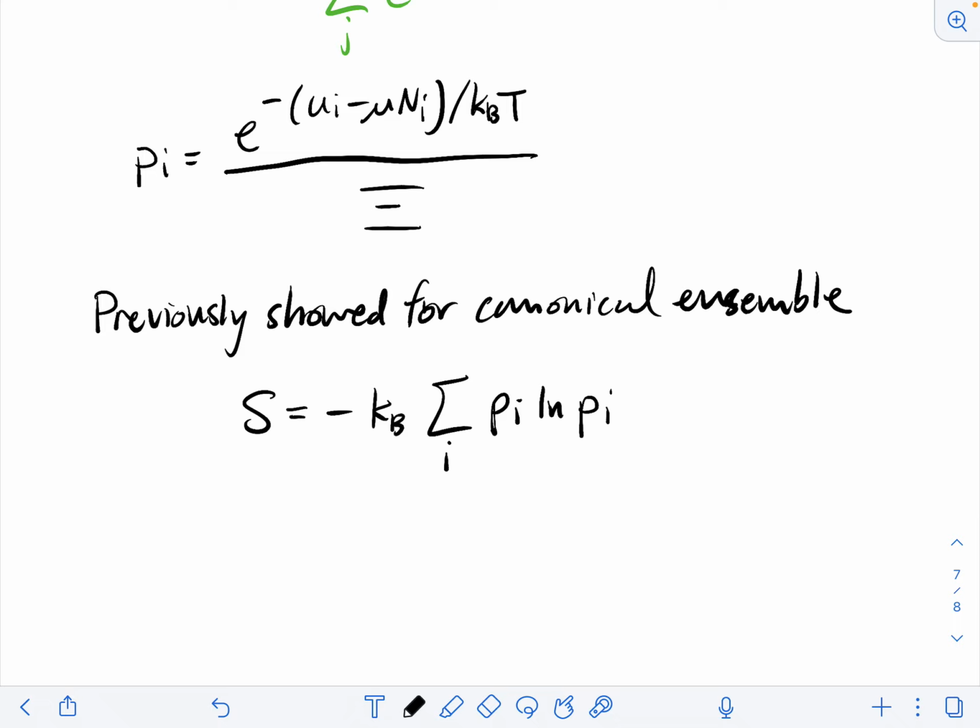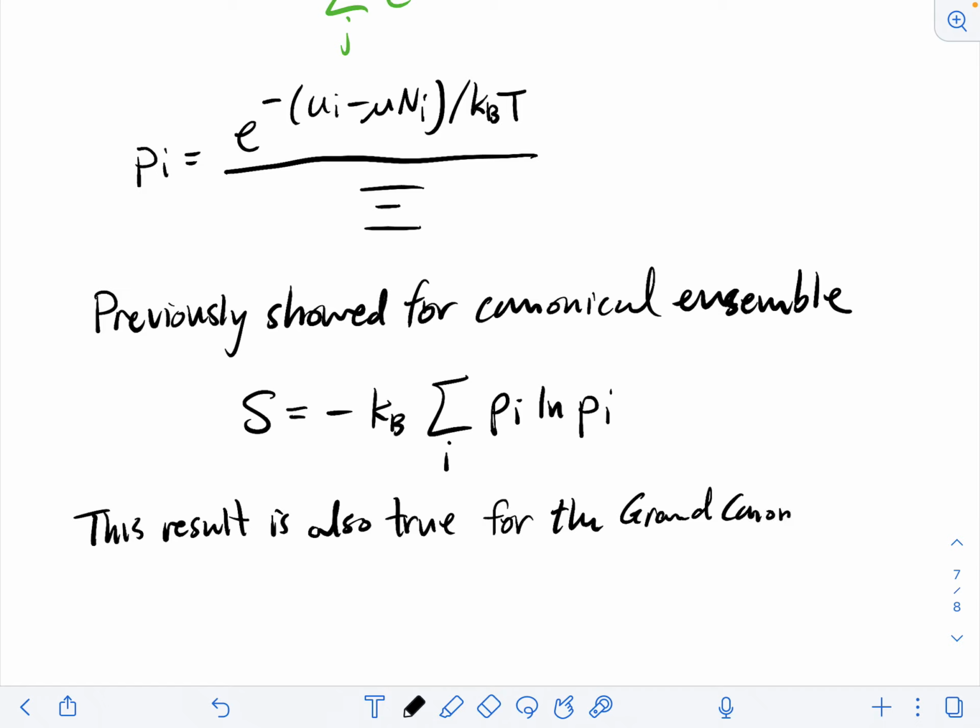So this result is also true for the grand canonical ensemble.